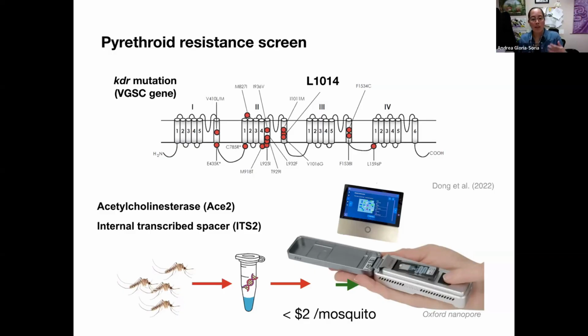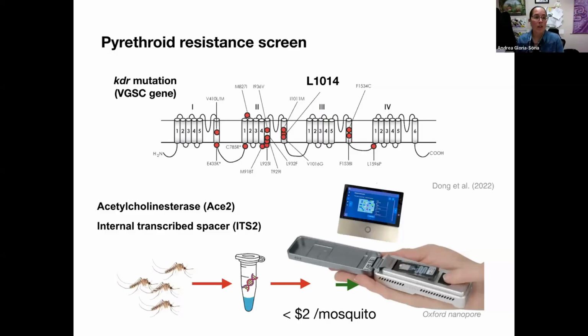The idea is that in a handheld device, such as the one from Oxford Nanopore that I'm showing here, we would have genes that cover multiple purposes: species identification, insecticide resistance, and maybe even the nature of the blood meals, all at once for a very cheap price.